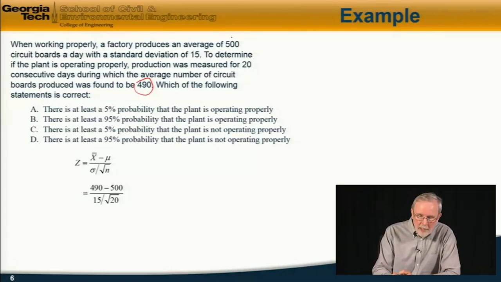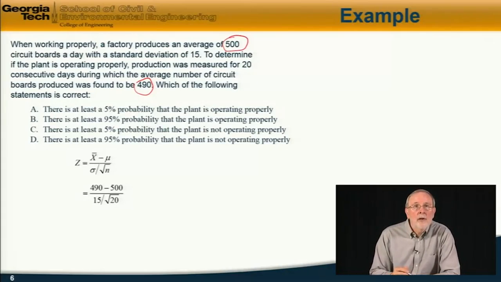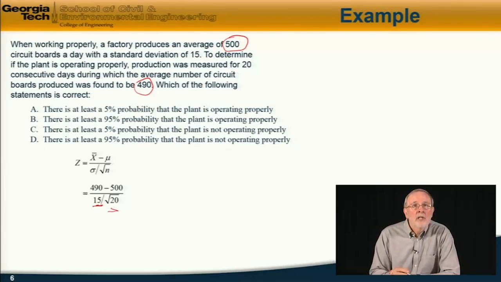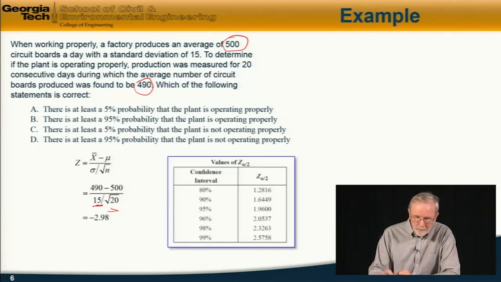The long-term population mean is 500, so it's 490 minus 500, divided by the standard deviation of the population, which is 15, divided by the square root of this particular sample size, which was 20 days. Computing that, we find that it is equal to negative 2.98. In other words, it's almost 3 standard deviations away from the mean.